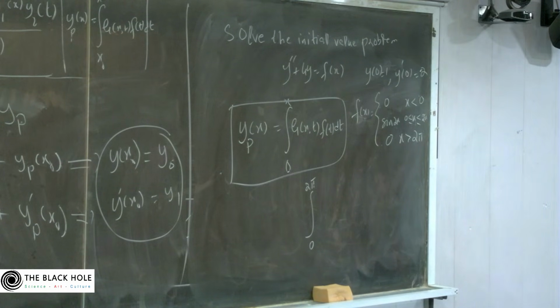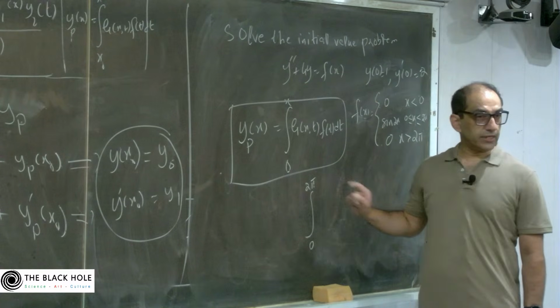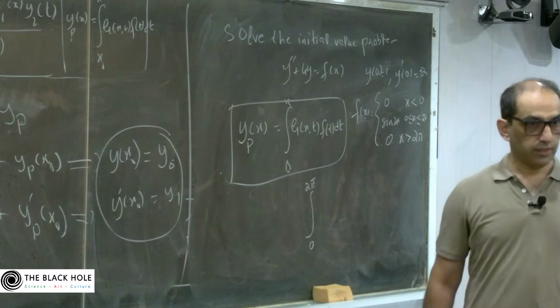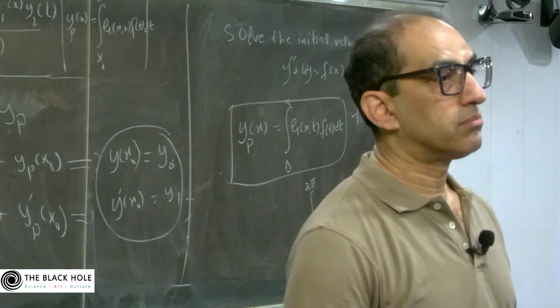Now comes the final thing. We have just convinced ourselves that this is x greater than or equal to 0 and x less than or equal to 2 pi. So what about x greater than 2 pi? 0. No, how do you write it down?